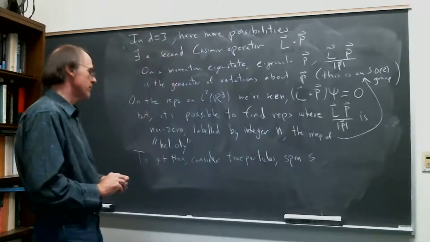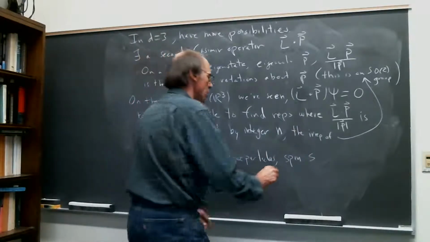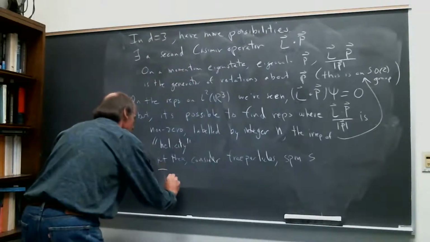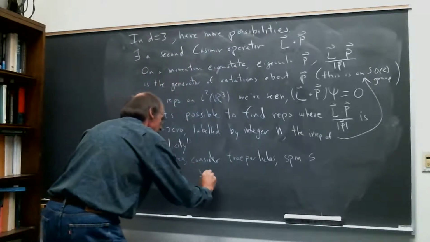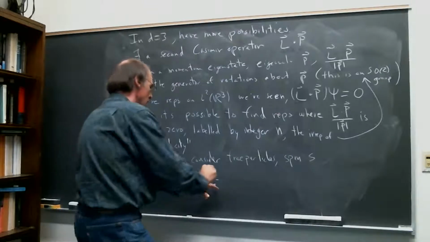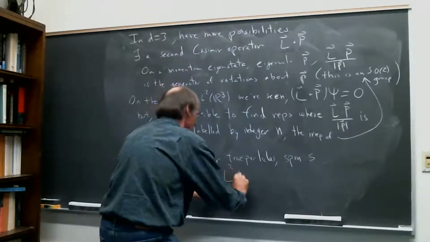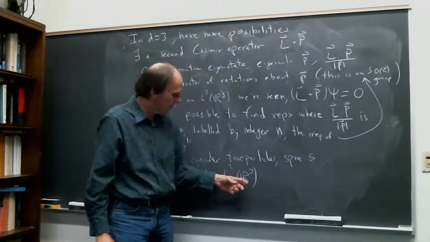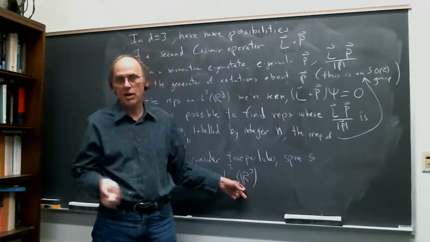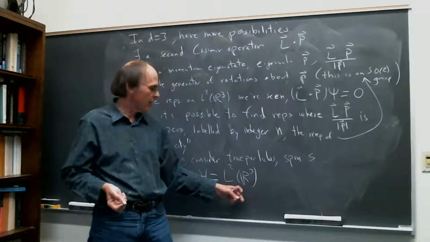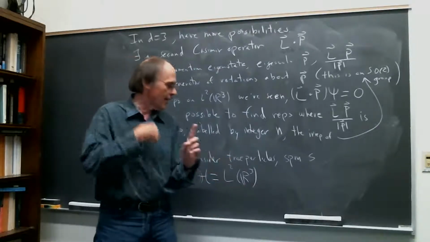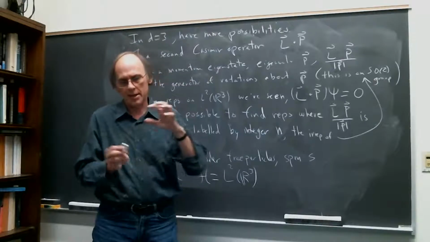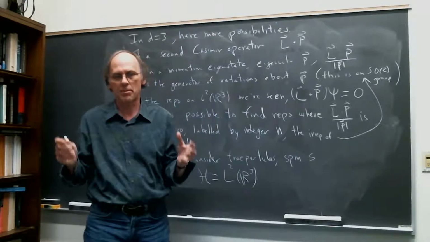But what you want to do is take H to be L2 of R3, but instead of taking functions on R3 with values in the complex numbers, you take functions that take a value in some irreducible SO3 representation.